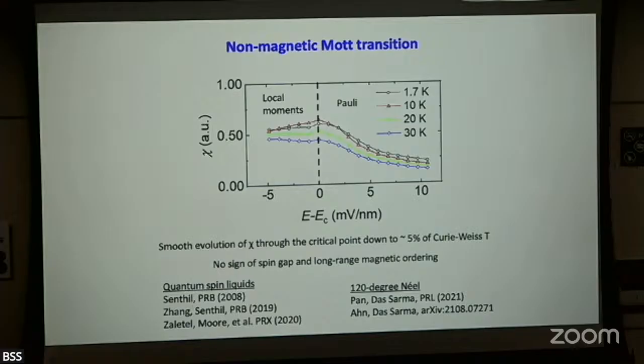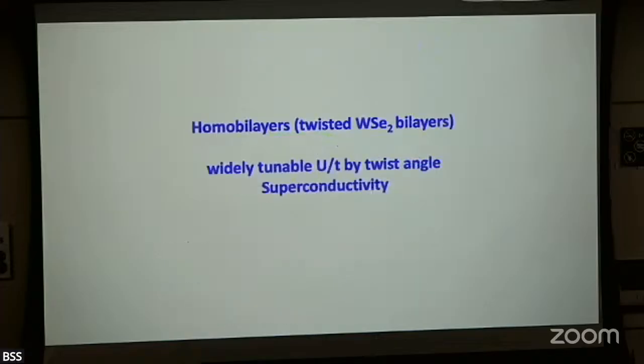I think this is all the data we have. You mean, like how this side will behave? Yeah, I think unfortunately, this is all that we have.